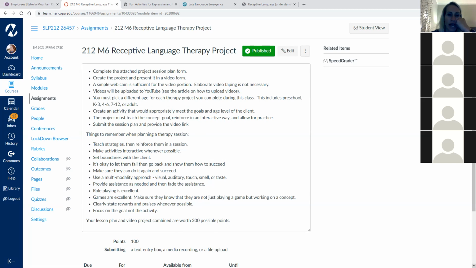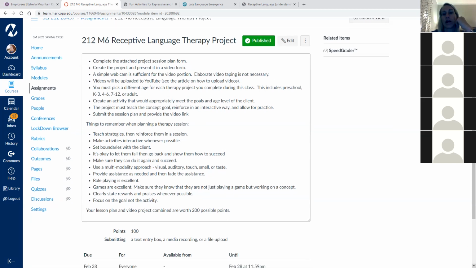So looking at our session plan, we're looking at the goal and coming up with activities to address the goal. That's really the purpose of a session. You're going to get a client, you're going to have goals. What are some activities you're going to do with this client to address the goal? And oftentimes when we're looking at pure receptive and expressive language, we are looking at our very young clients, but it really holds true through the lifespan.